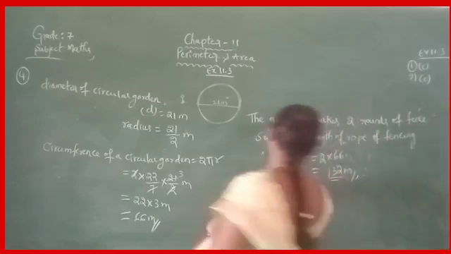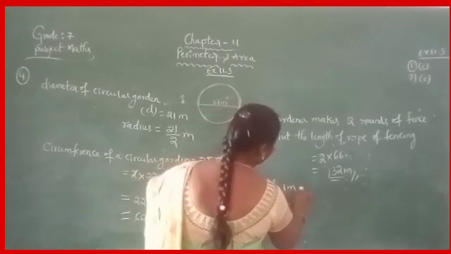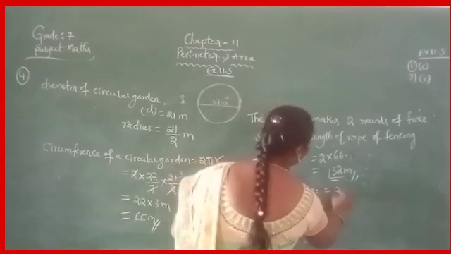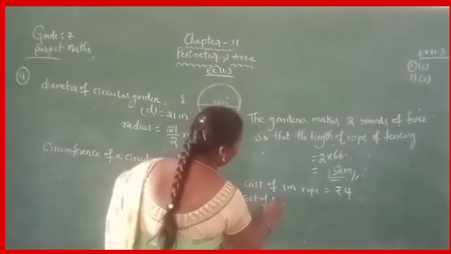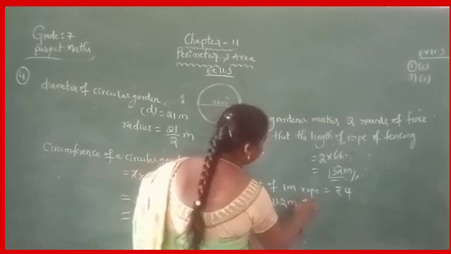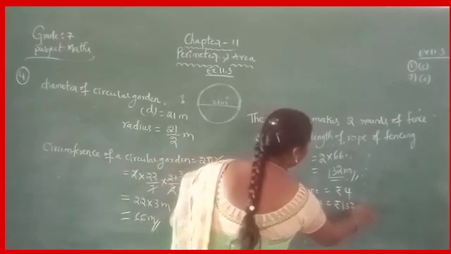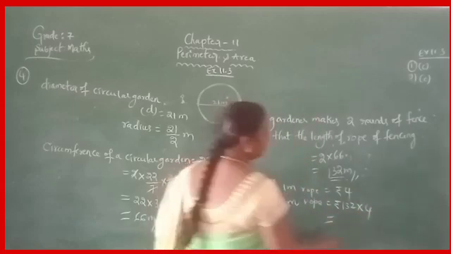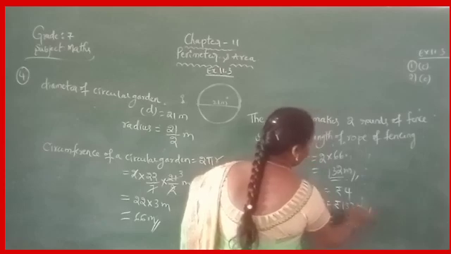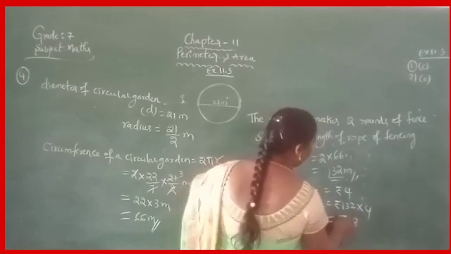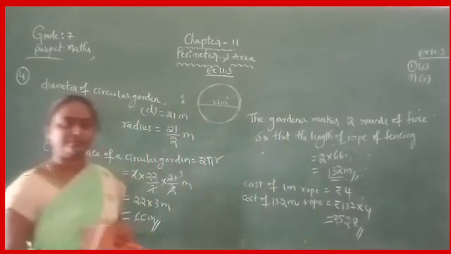Now the cost of 1 meter of rope here is 4 rupees. Then the cost of 132 meters of rope is 132 into 4. 4 twos are 8, 4 threes are 12, 4 ones are 4, plus 1 is 5. That is 528 rupees.